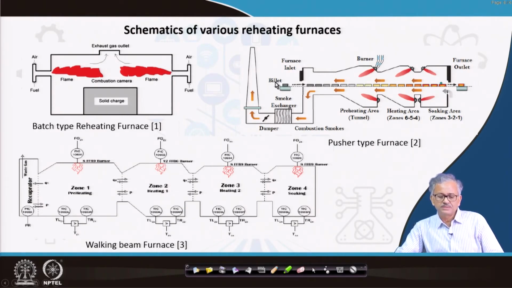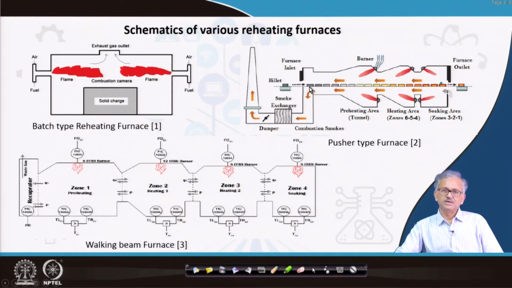And this is the pusher type. You can see the billet comes in here and moves in this direction, and there are burners, and the gas moves in the counter-current direction. Initially the billet gets preheated, then heated, and the very final heating stage is here. The temperature is increasing, and finally it comes out of the furnace.